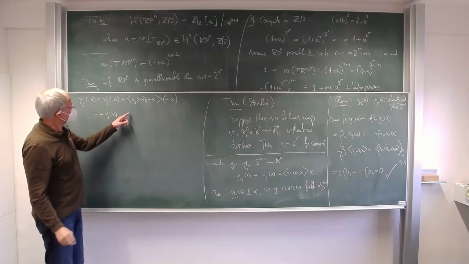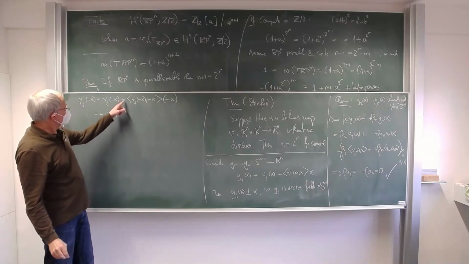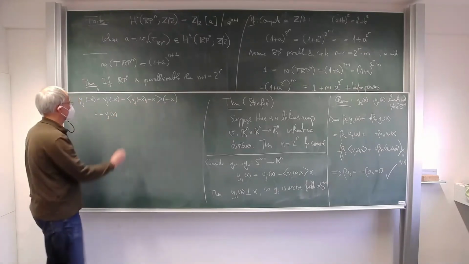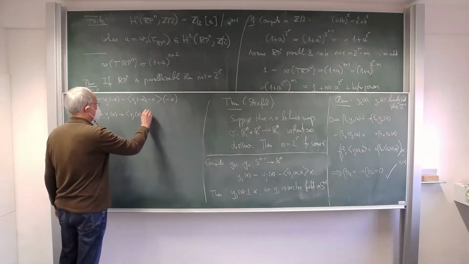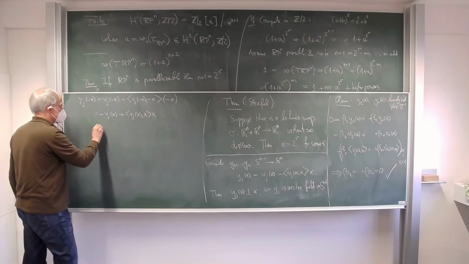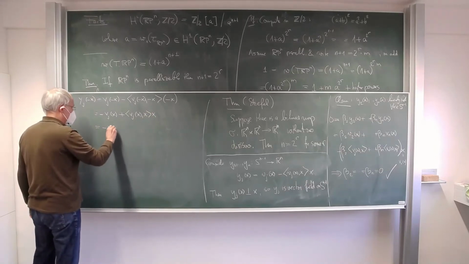And then let's see, how many signs do we have now? 1, 2, 3, 4. So plus vj of x, x, x. In other words, we get minus yj of x.